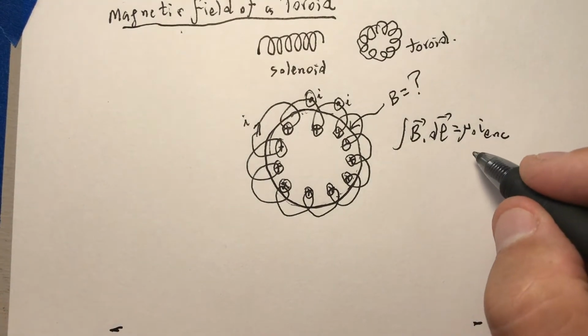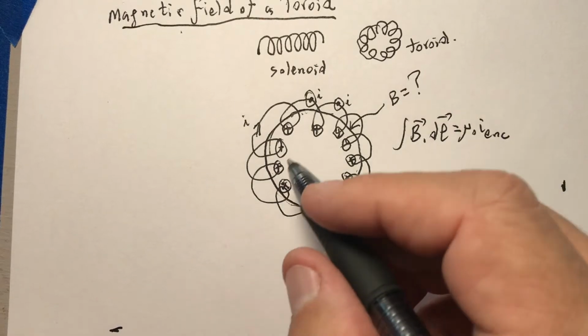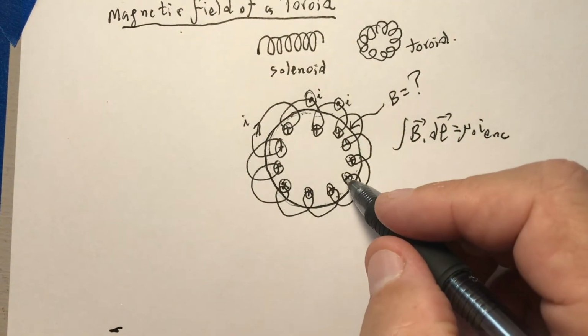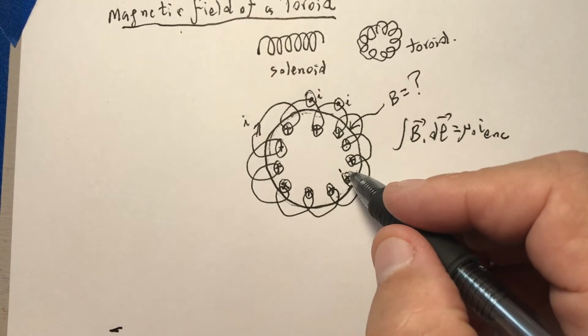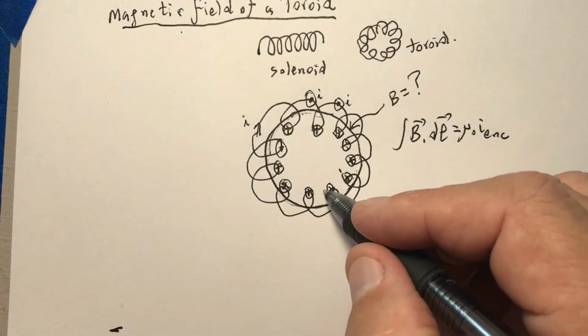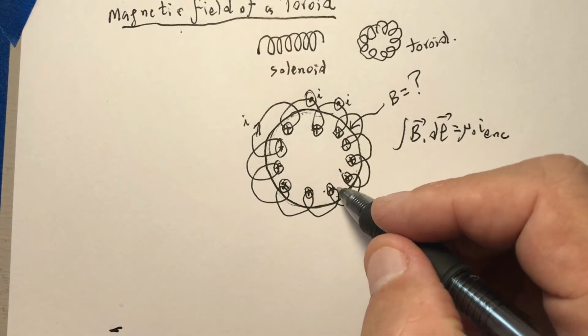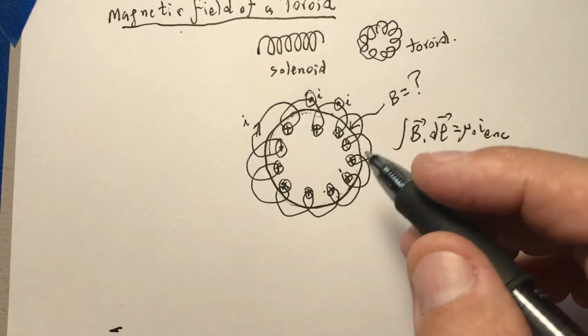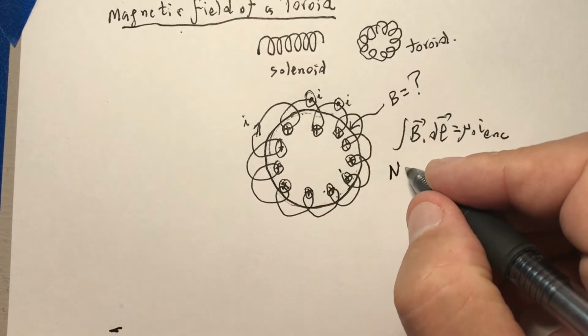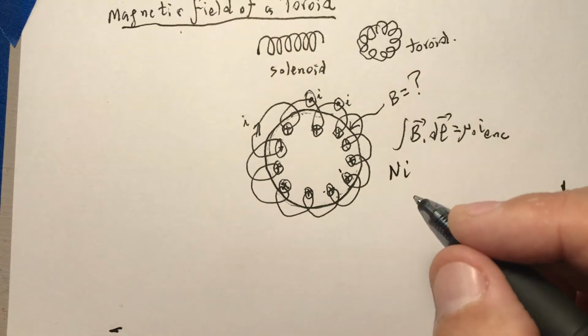Let's look at the right side. I enclosed is the current enclosed in the loop. We have 1, 2, 3, 4, 5, 6, 7, 8, 9, 10, 11. We have 11 currents inside here. So instead of putting 11 currents, we just put Ni, and N can be any number.